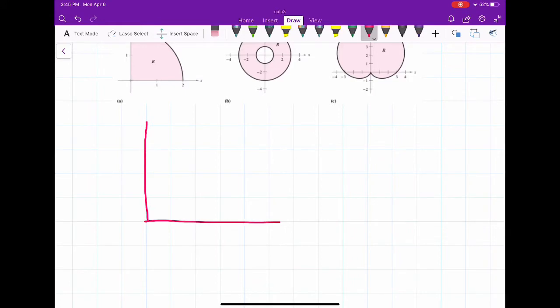You have rectangular coordinates x and y. Suppose you have some point here, which is (x0, y0). When you connect this point with the origin, you have a vector, and this vector makes an angle theta with the x-axis.